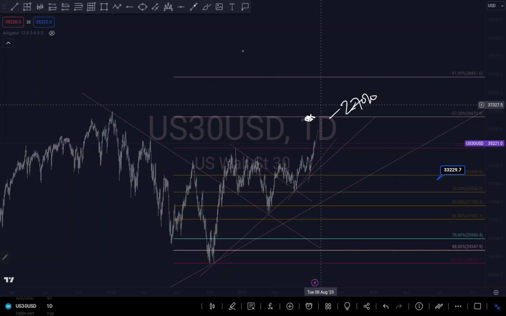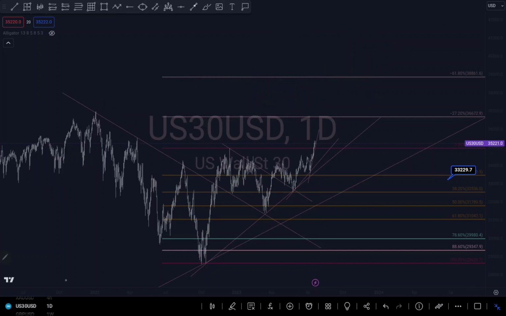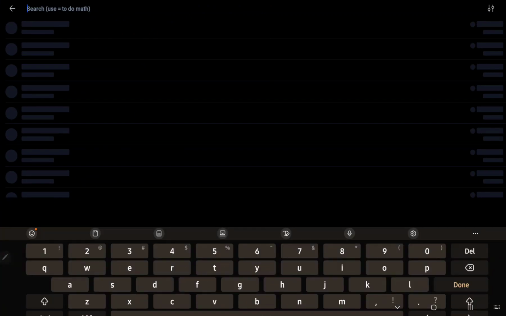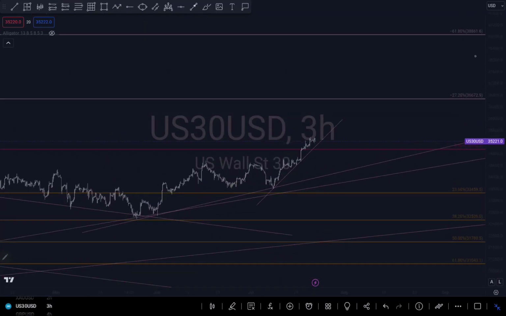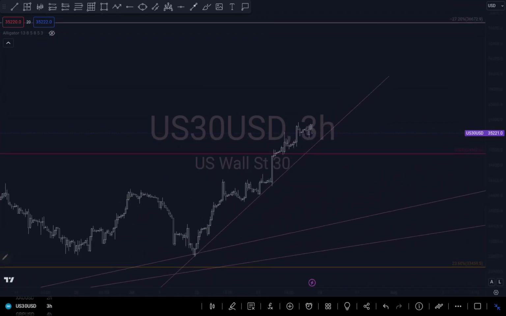So I still see US30 going to 36,672, around that area. My overall target will be there. Now that I know where my overall target is, I'll be looking for more buys, because my overall target is a buy. What are we looking for around this level right here?